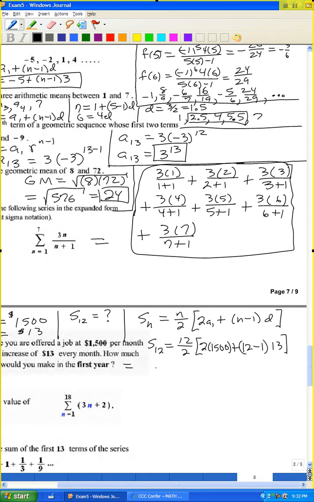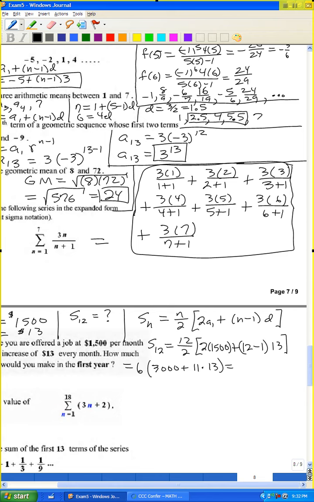So this is equal to 6 times 3,000 plus 11 times 13. Let's plug that into our calculator.